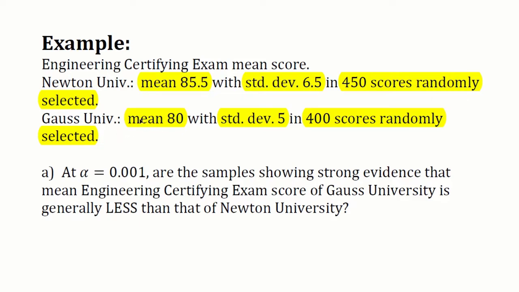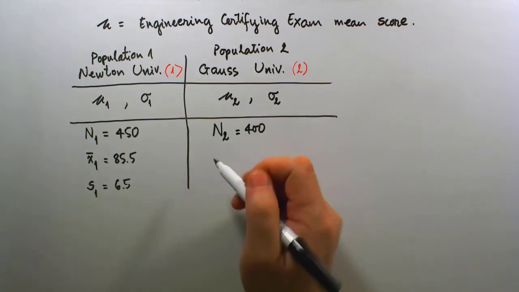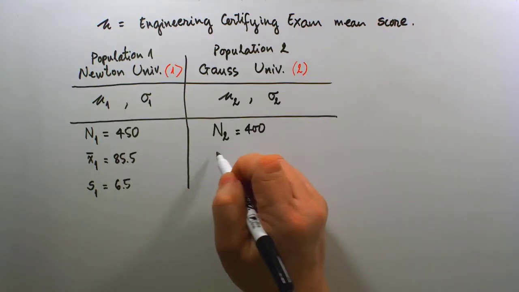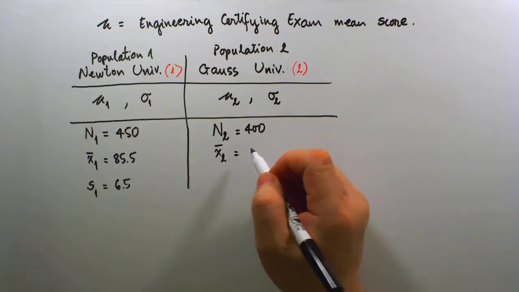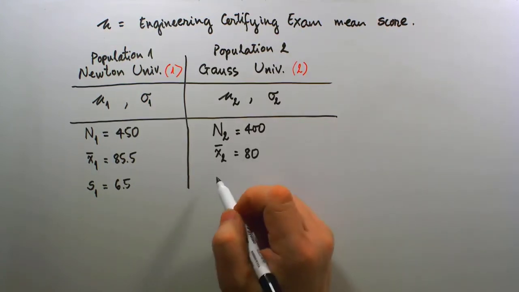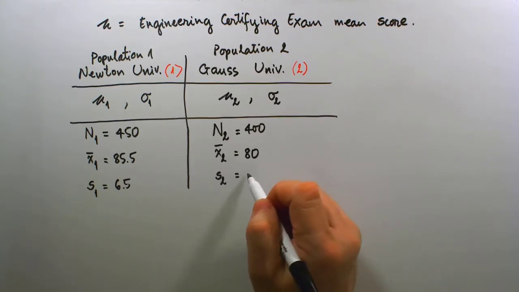And then this mean here is a sample mean value from population 2, and this is a sample standard deviation from population 2. And so that means now on this table, I have x bar 2 equals 80, and S2 equals 5.